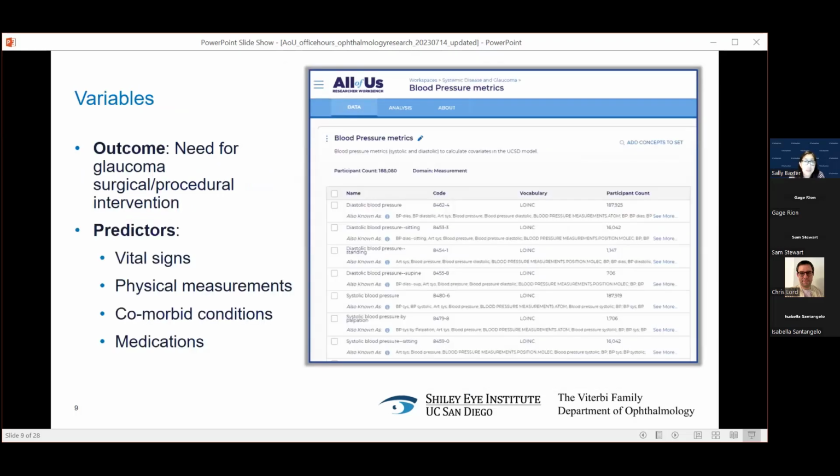So what we did was then proceed to develop concept sets for our primary outcome of interest, which was need for glaucoma surgery or procedures. These serve as a proxy for glaucoma progression, because if you're requiring surgery, it's usually a reflection that your disease is getting worse.